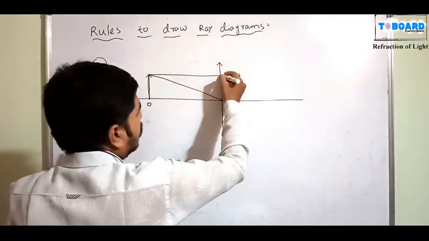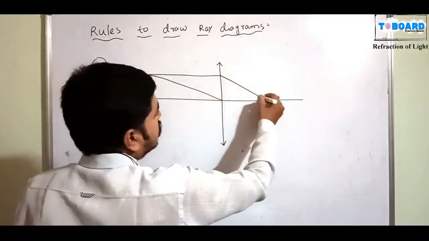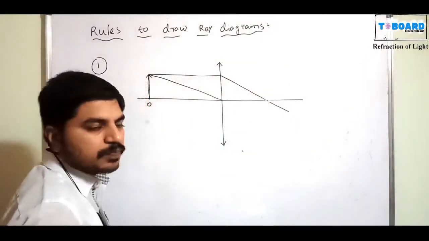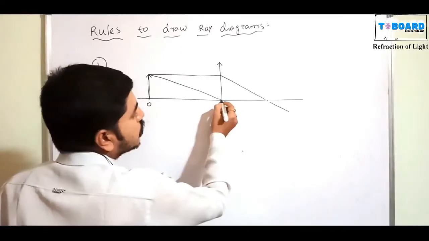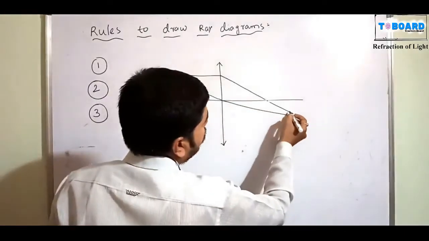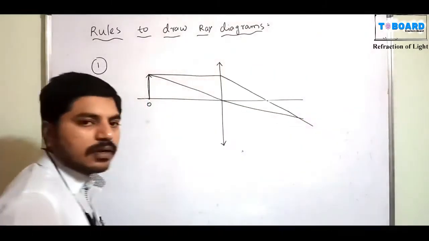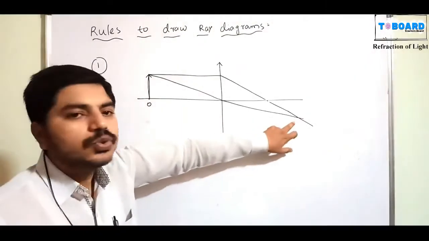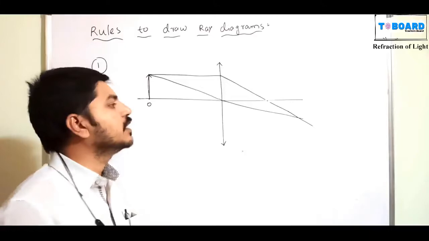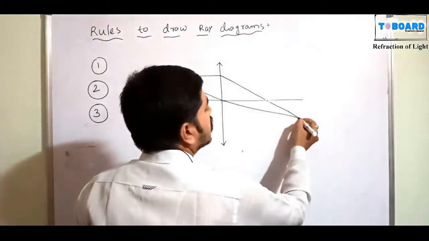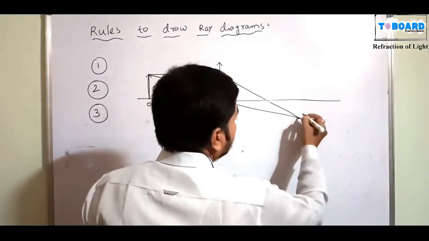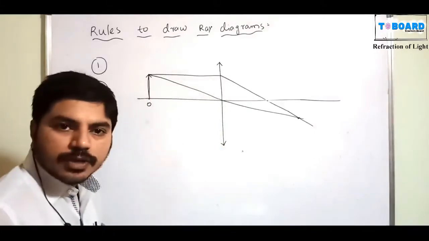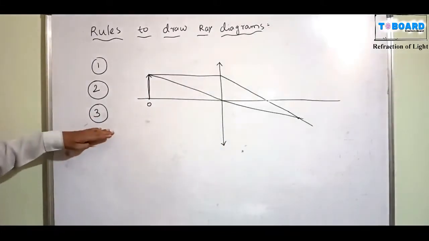Extend these two rays. Where the two rays meet, that point is the image position. This point is the image position. That is the third condition.